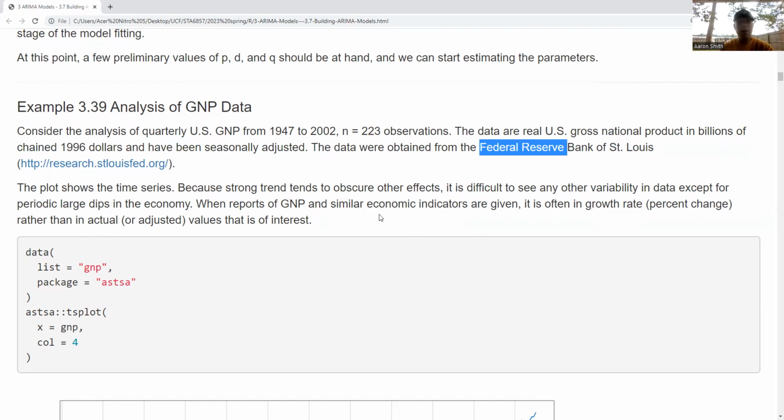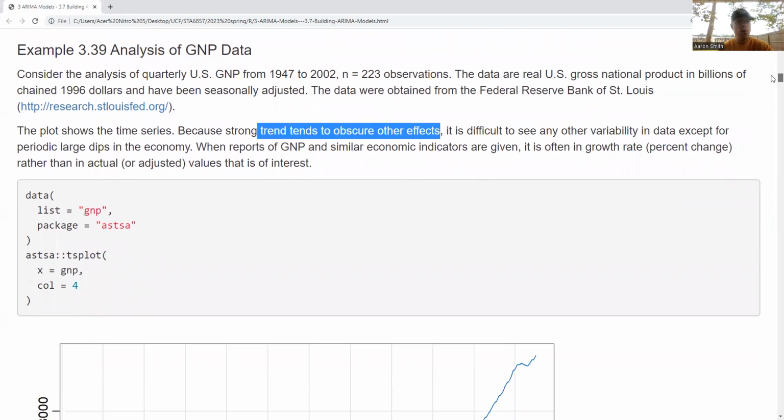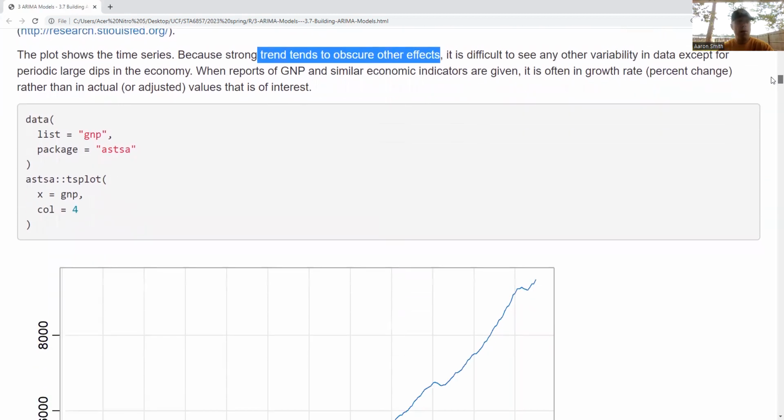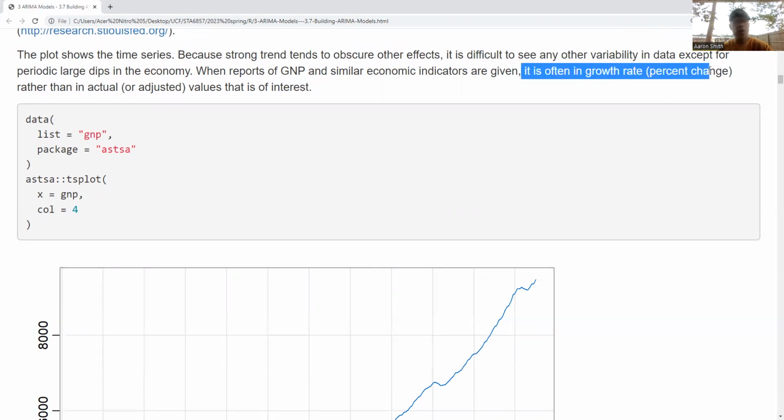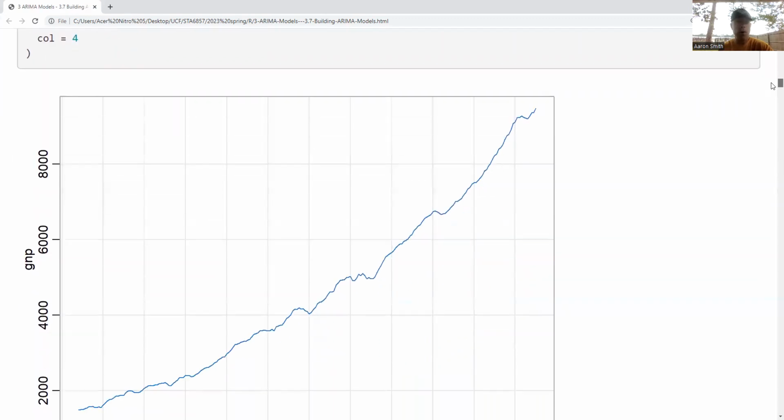Because the strong trend tends to obscure other effects, it's difficult to see any other variability in the data except for the periodic large dips in the economy. And often it is the growth rate or the percent change, rather than the actual adjusted value, that we're really interested in when we're looking at the economy.